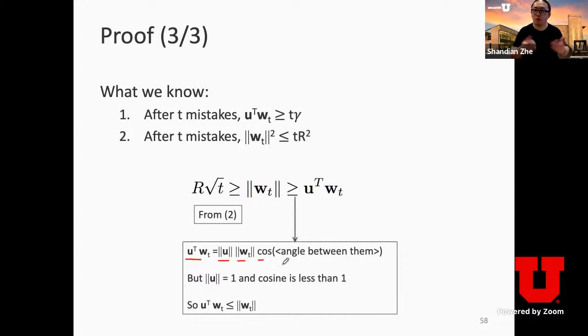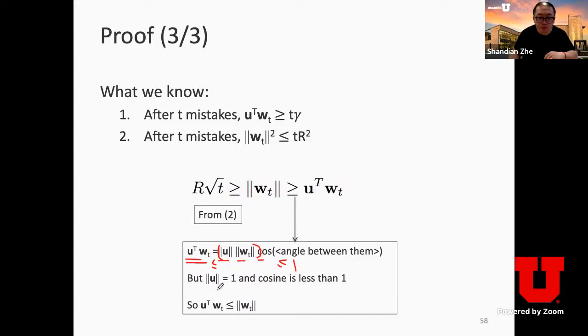Or in other words, in vector algebra, to calculate the cosine of the angle between arbitrary two vectors, we just divide their inner product by the product of their norms. The cosine value is always less than or equal to 1. That means this inner product is always less than or equal to the product of their norms.